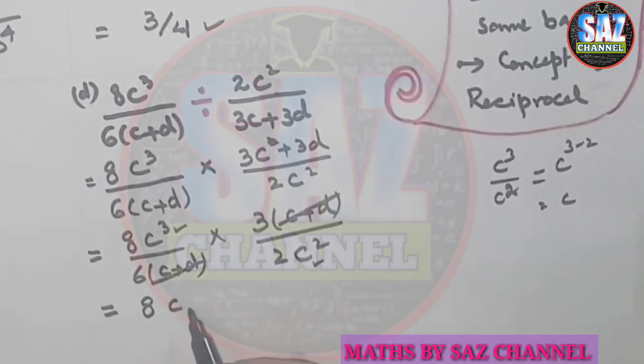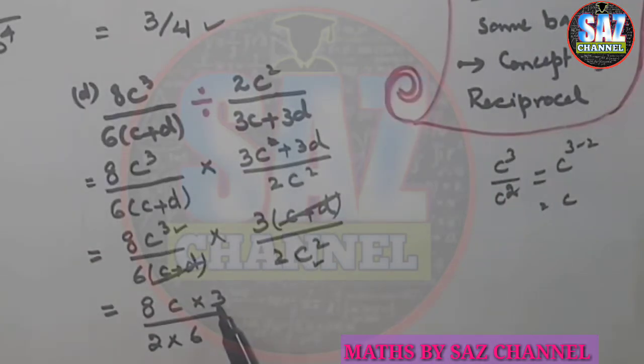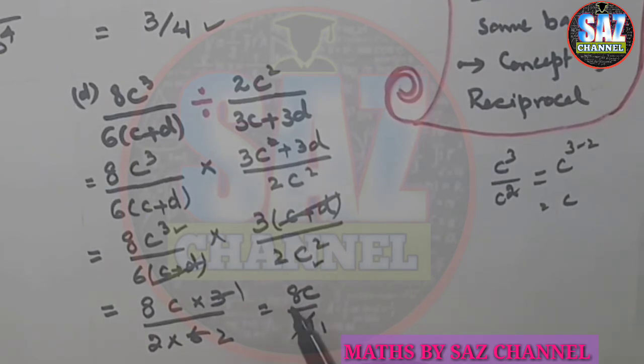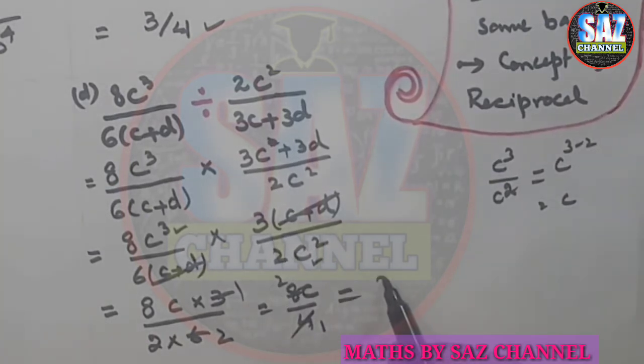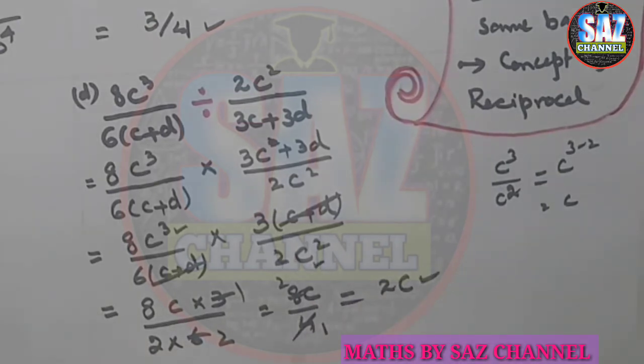So 8c multiplied by 3 upon 2 into 6. Now look, 3 ones are 3 and 3 twos are 6, and this will become 8c by 4, and 4 is suitable for 8. 4 ones are 4, 4 twos are 8, and my answer will be 2c. I hope you are clear about this question.